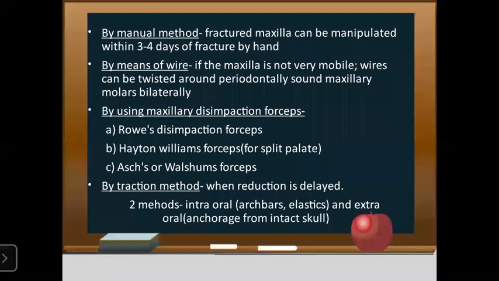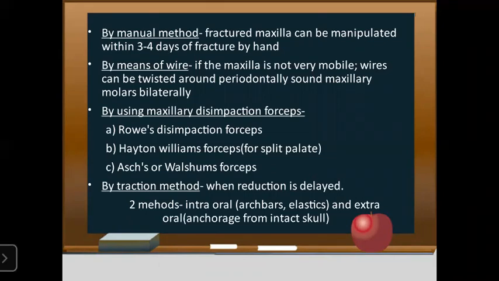In this, the wires can be twisted around the periodontally sound maxillary molars bilaterally. Third, by means of maxillary disimpaction forceps. The forceps used are Rowe's disimpaction forceps, Hayton-Williams forceps, Ash or Walsham's forceps.